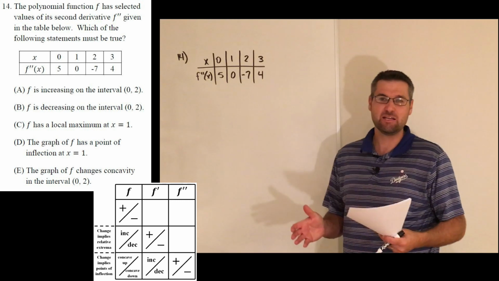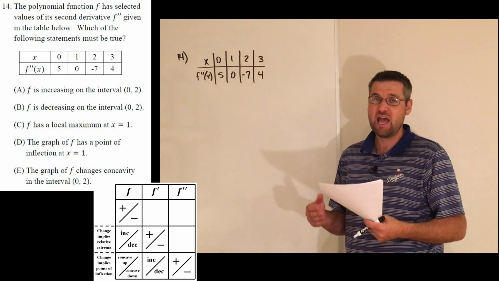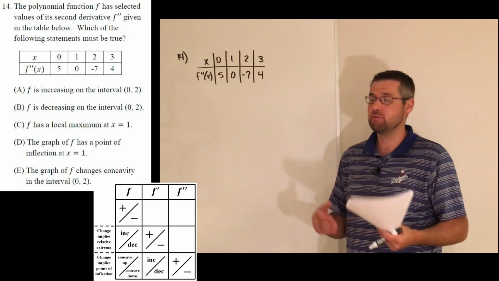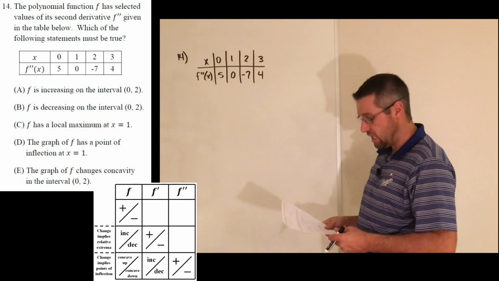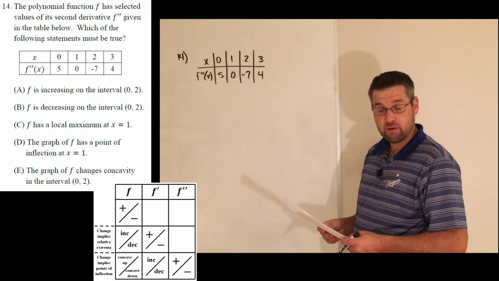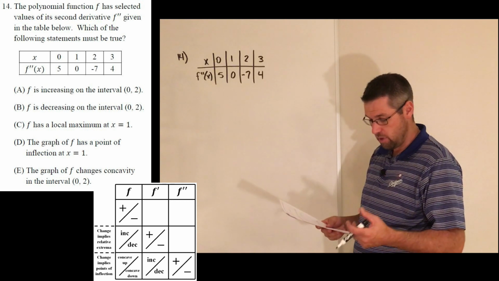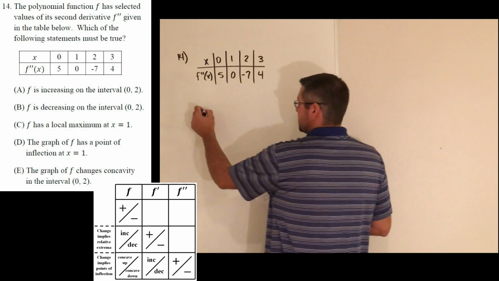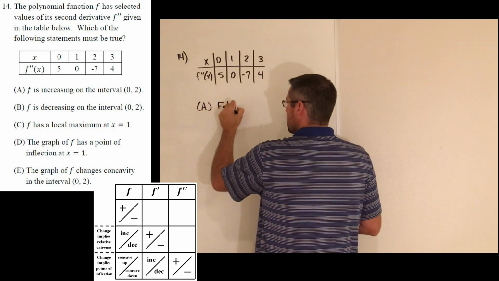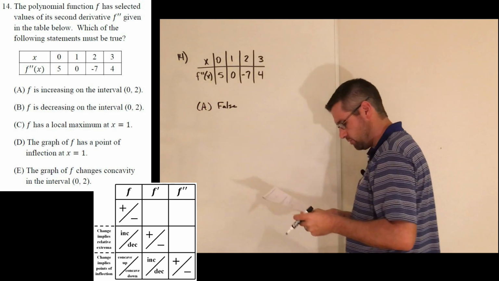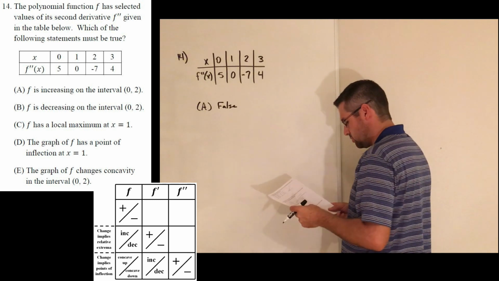The chart has nothing to do with f prime here. Because I was given f double prime, I can't conclude anything about f being increasing. So option A is false, or at least we don't know if it's true. It doesn't have to be true.